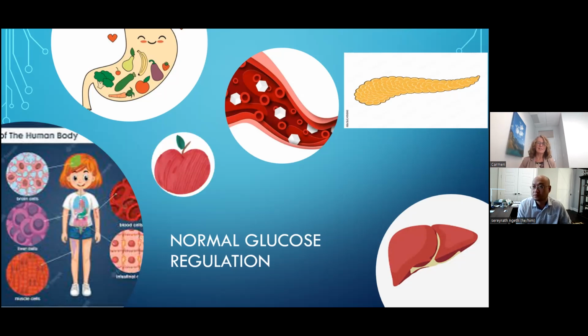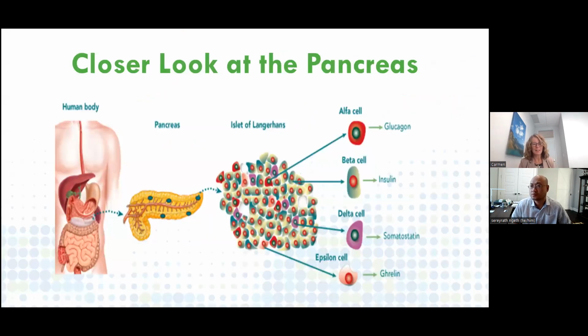So let's take a closer look at the pancreas. As one can see from the diagram, the pancreas is a complex organ containing cells in the islets of Langerhans where different cells exist. The beta cells are where insulin is made. In fact, the moment food hits our tongue, the beta cells will start to secrete insulin. The alpha cells make glucagon, which is a hormone that raises blood sugar.